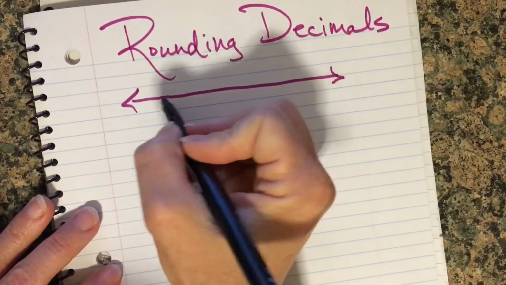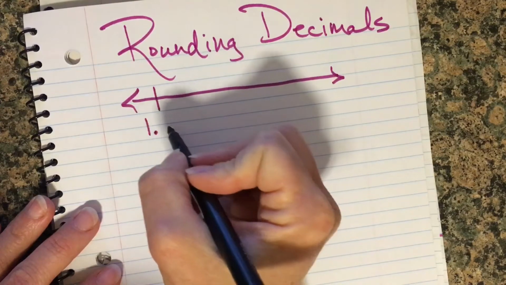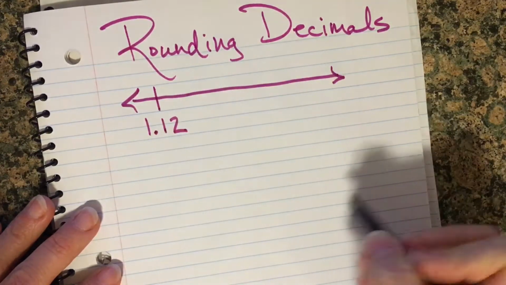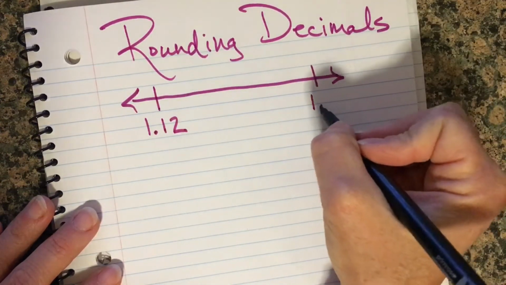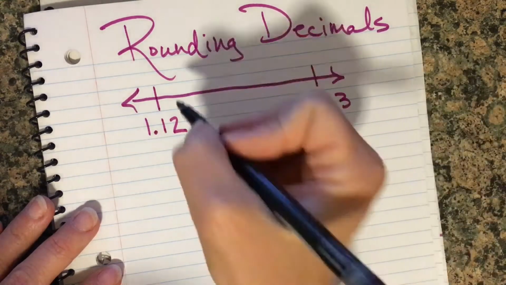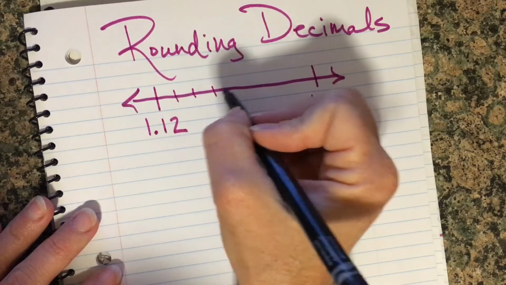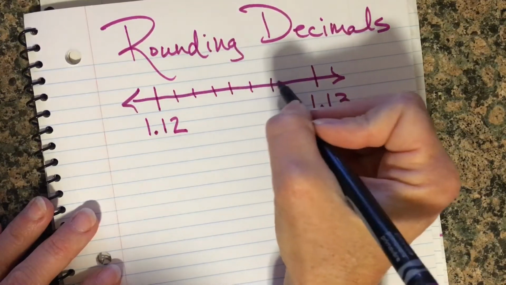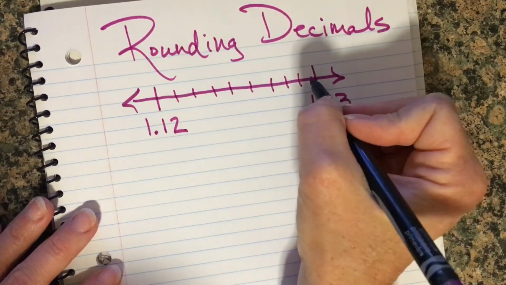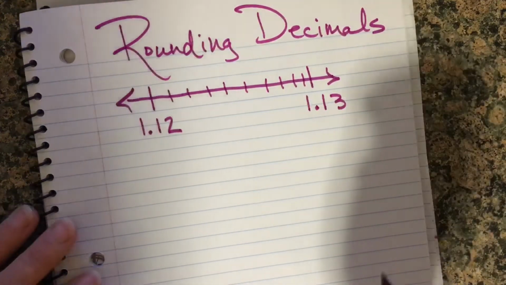if I have 1.12 here and 1.13 here, pretend those are even.